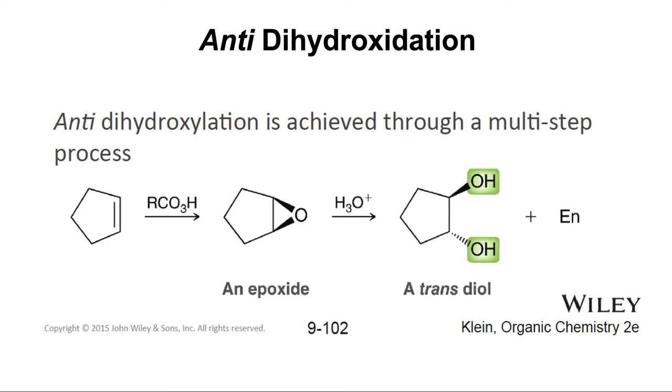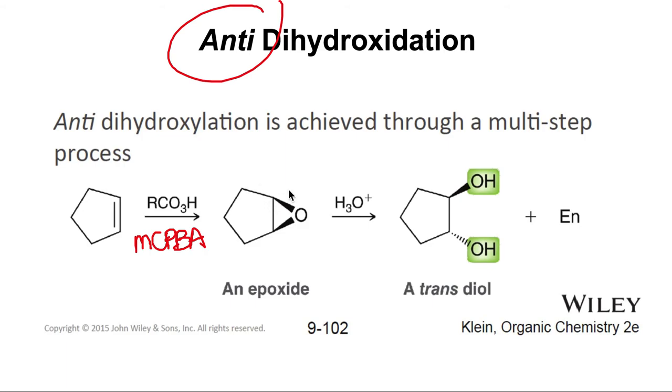In the previous video, the one where I was talking about epoxide opening, I kind of hinted at how we can get a dihydroxylation, but that it's anti. If we start with an alkene and we use MCPBA or any other type of peroxy acid, MCPBA is a peroxy acid that will give us an epoxide like that.